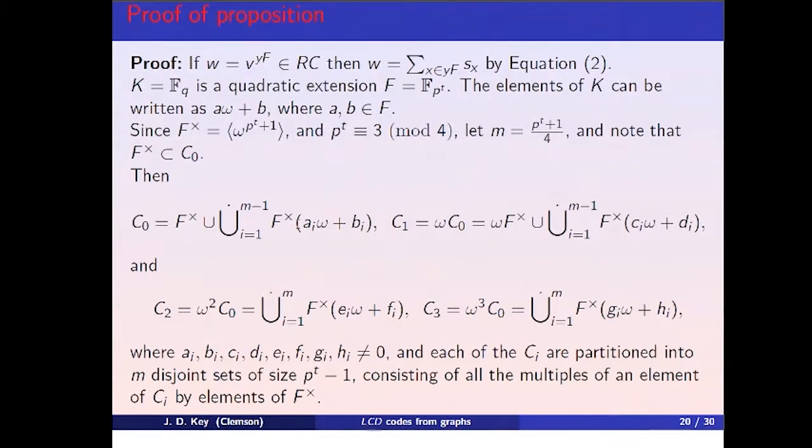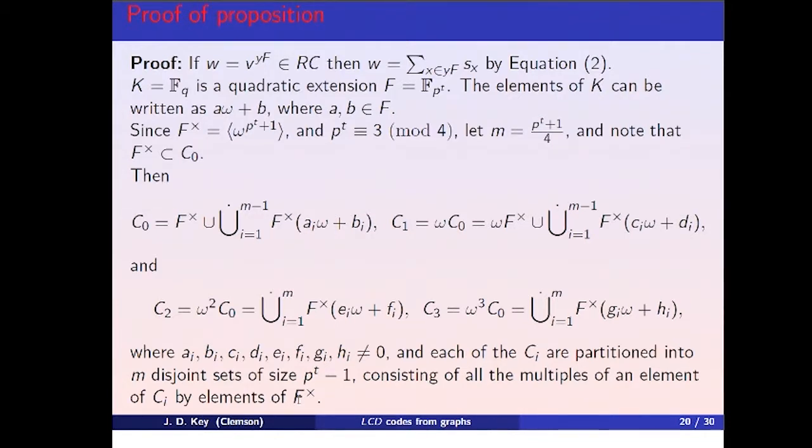These things are linearly independent: F, the field, times some element of that form, A plus B, where A and B are not 0. They're all distinct and independent of one another, and likewise for that one. So you can divide out the elements according to the extension, and each of the Ci is partitioned into n disjoint sets of size p to the t minus 1, consisting of all the multiples of an element of Ci by elements of F.